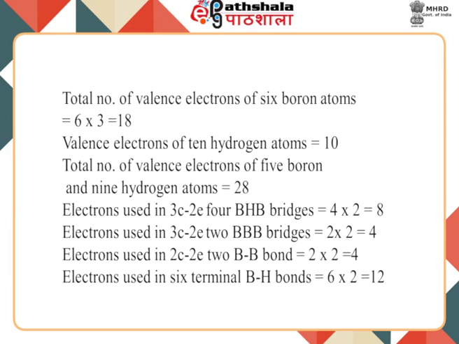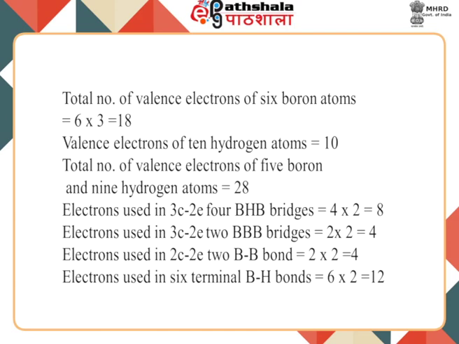So, total number of valence electrons of 6 boron atoms will be 18, valence electrons of 10 hydrogen atoms will be 10, and the total number of valence electrons of 6 boron and 10 hydrogen atoms will be 28.